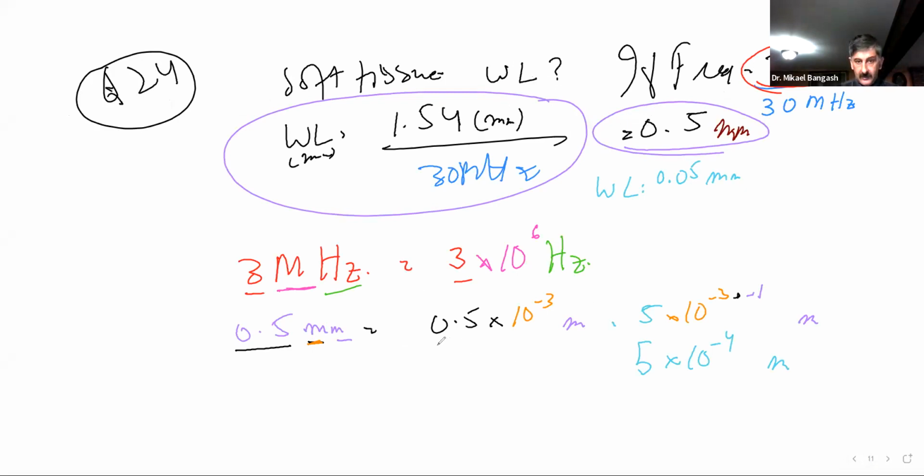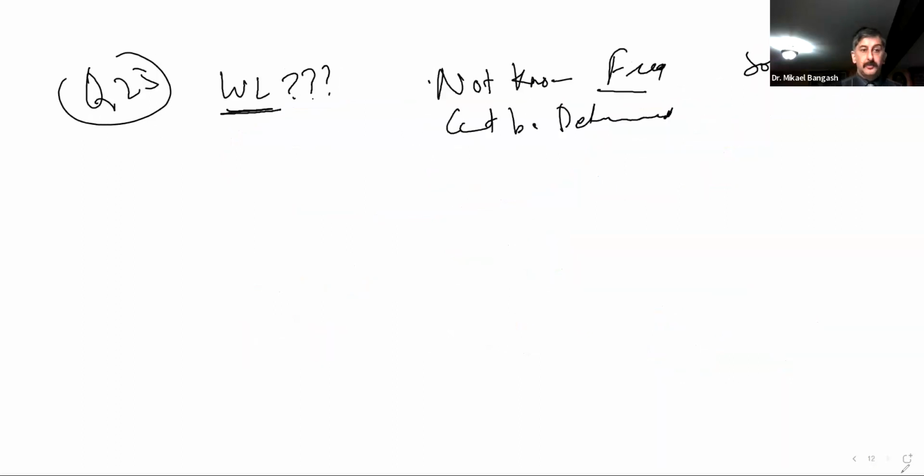This answer would have been the same, correct, because it is the same as this. Although this is what you calculated, this might have been the answer that you have been given. So you have to work with the options that you have been given.